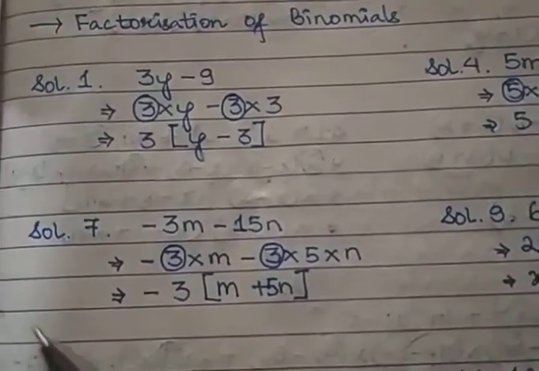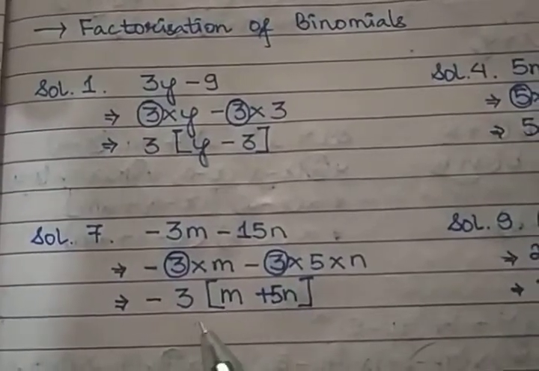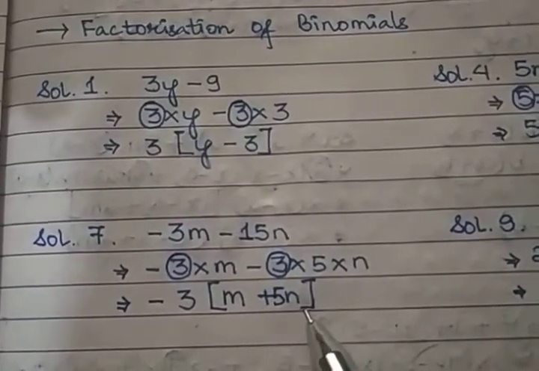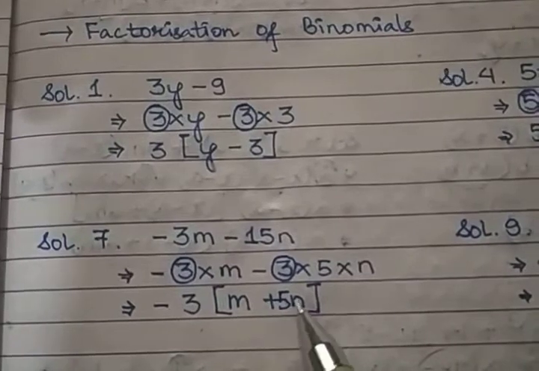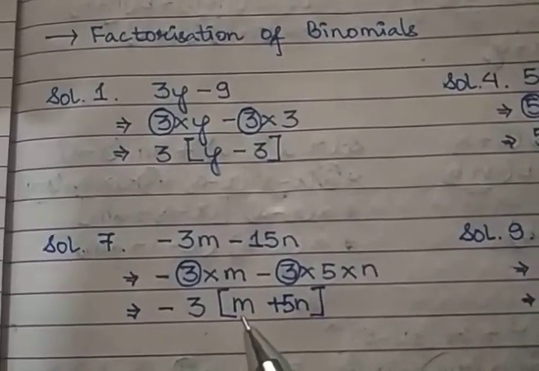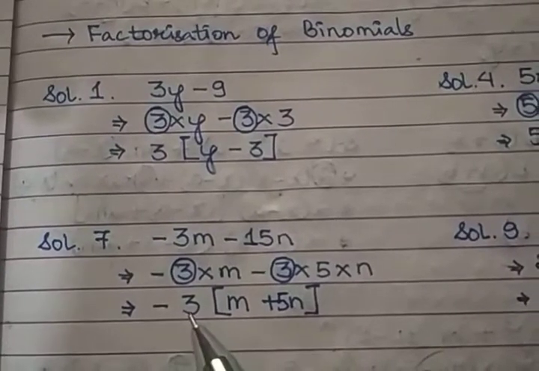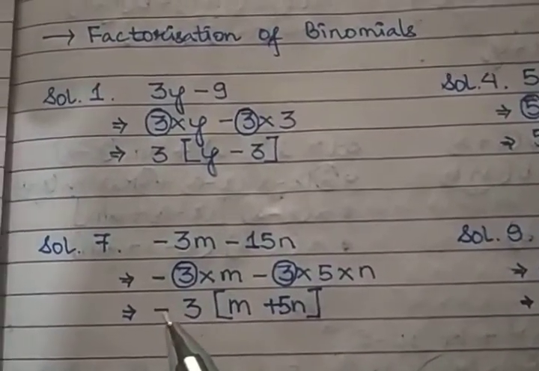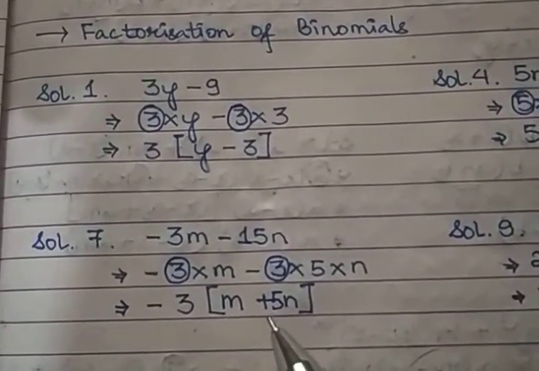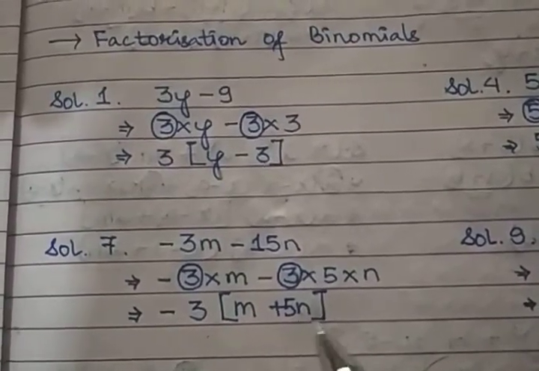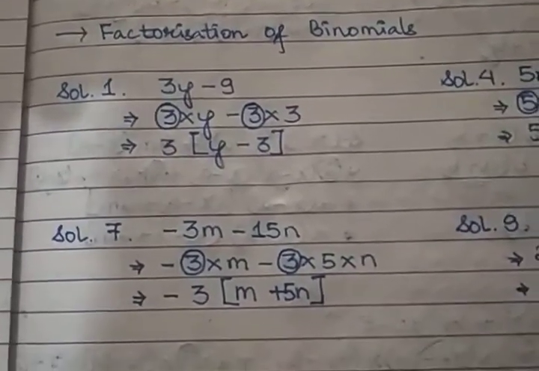Okay, so finally what do I get here? Minus 3 bracket m plus n. Within the brackets we got a binomial, two unlike terms. We cannot do anything regarding it, isn't it? The answer we got here is minus 3 bracket m plus 5n in its factor form. So we are done here.